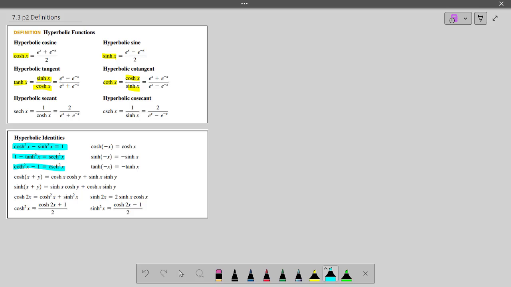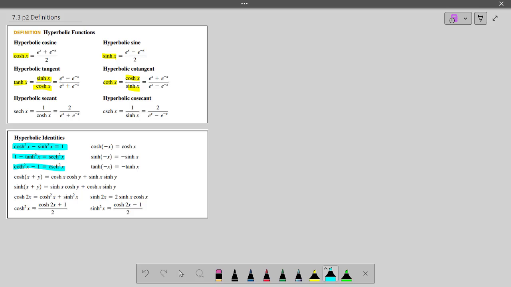If you go over x or go over negative x, you come up to the same height. That's what it means to be symmetric about the y-axis. That's what it means to be even. So an even function, if you go to the right x or to the left negative x, your y coordinates match. Your values will be symmetric about the y-axis. So same thing here.